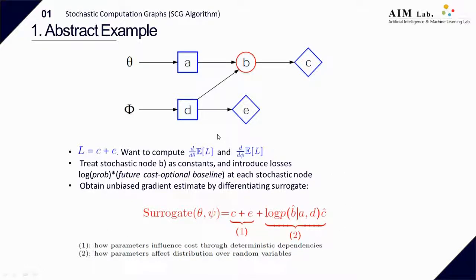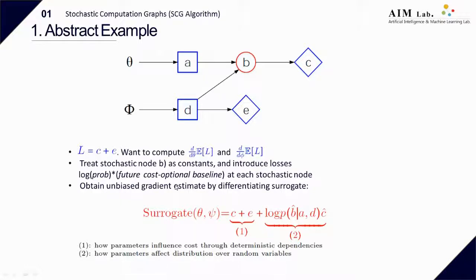Let the stochastic node be a constant in one calculation. We have a new form of loss that is log probability times future cost minus an optimal baseline with some stochastic node. The optimal baseline comes from policy gradients.